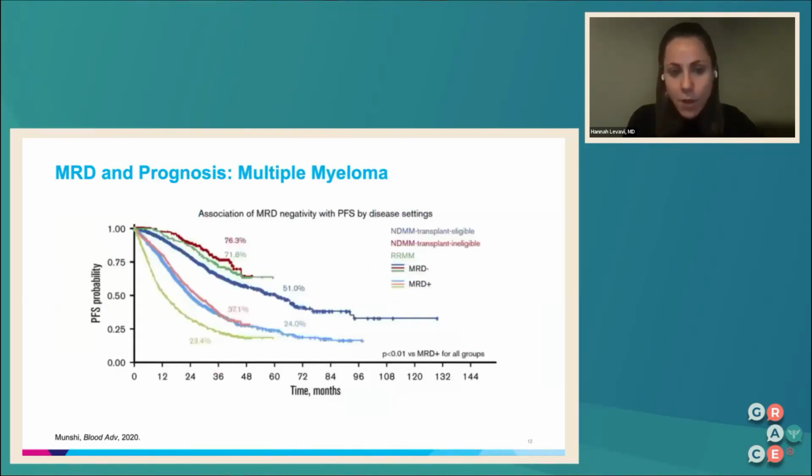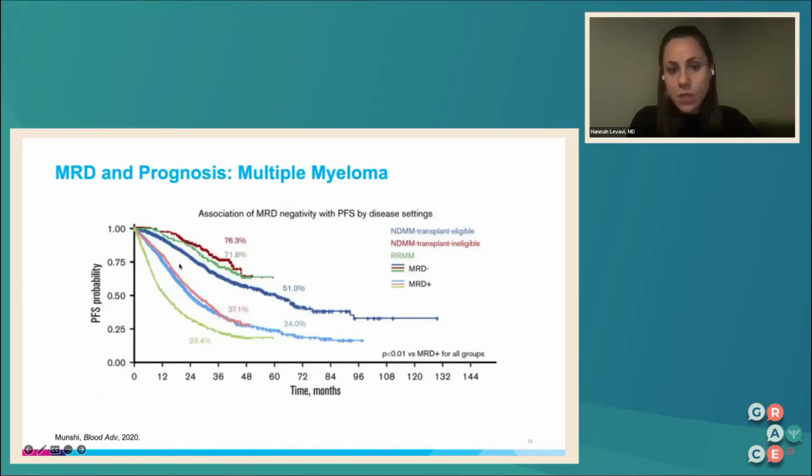And this is just an example from the multiple myeloma literature, so another very large meta-analysis of MRD, and we can see that those who, in these darker colors, achieved MRD negativity had a much better progression-free survival. So the higher the curves are, the better it is.